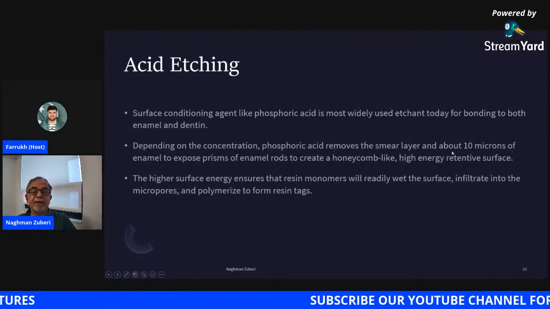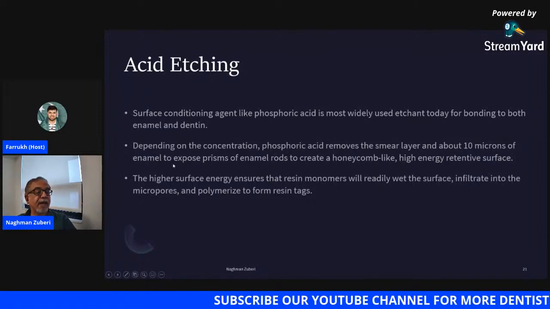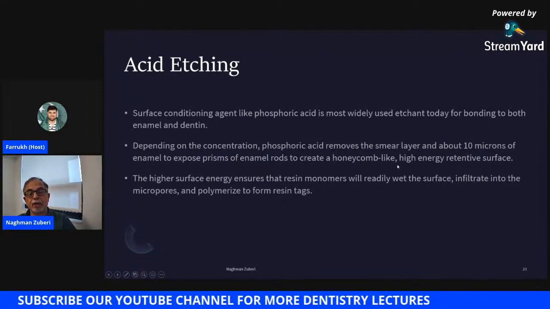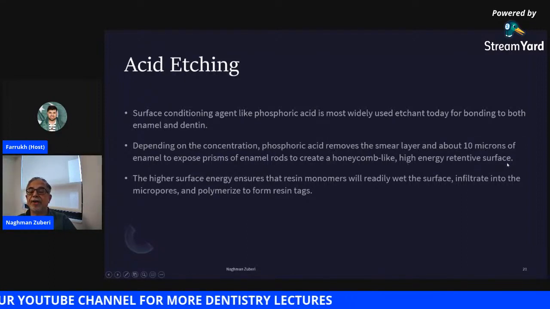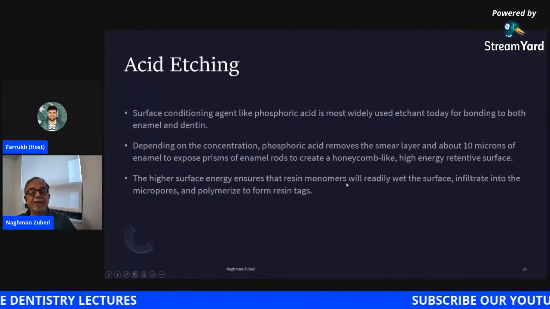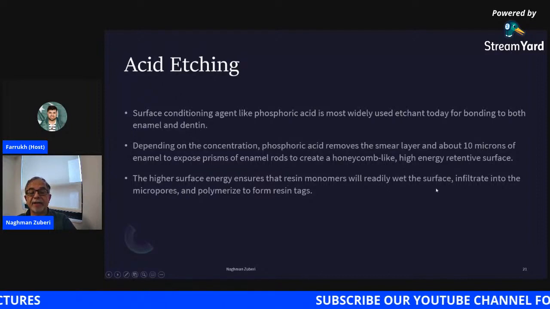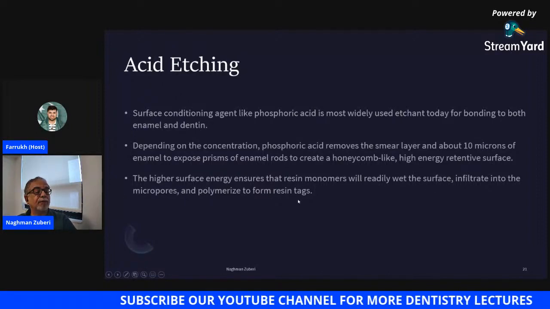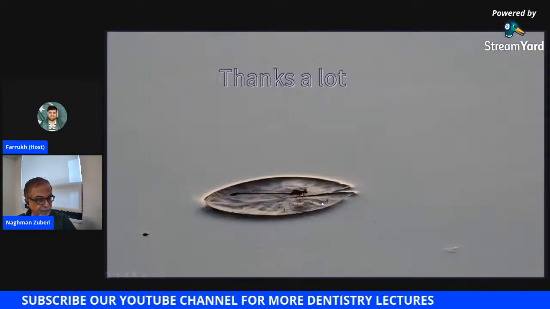Phosphoric acid removes the smear layer and about 10 microns of the enamel to expose prisms of enamel rods to create a honeycomb-like high-energy retentive surface. The higher surface energy ensures that resin monomers will readily wet the surface, infiltrate into the micropores and polymerize to form the resin tags.